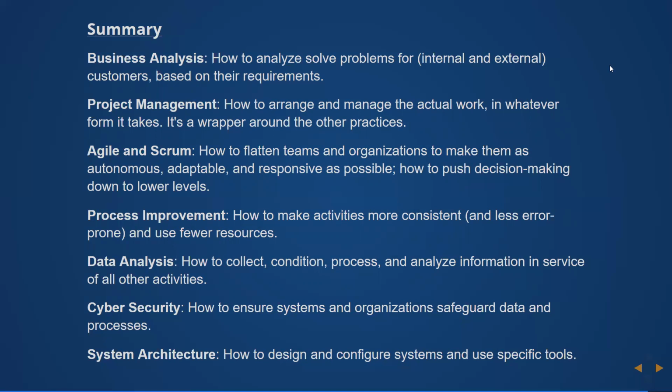Ultimately, what those practices tell you is to get people to talk to each other and to iterate and correct as often as possible. Process improvement is how to make activities more consistent and more efficient.